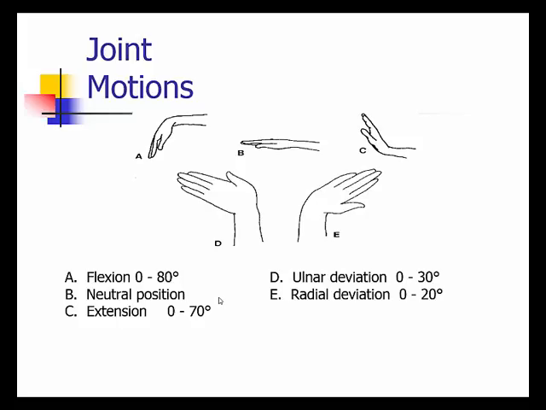Here are the different joint motions for the wrist. Keep in mind there is a good table on page 162 in your book that will help you make sense of the terms of flexion, extension, and so on and so forth. There are several different terms that are primarily used.